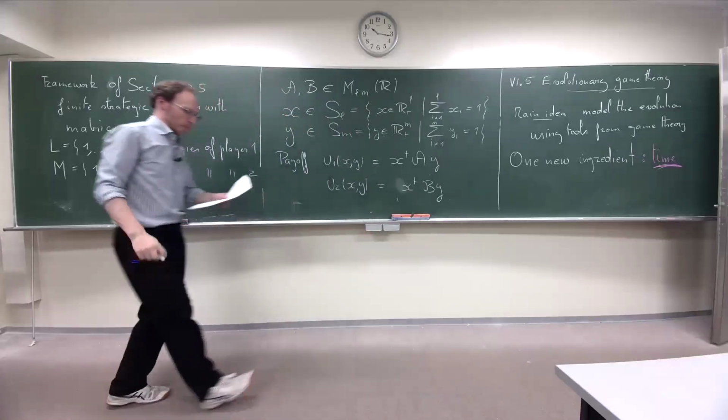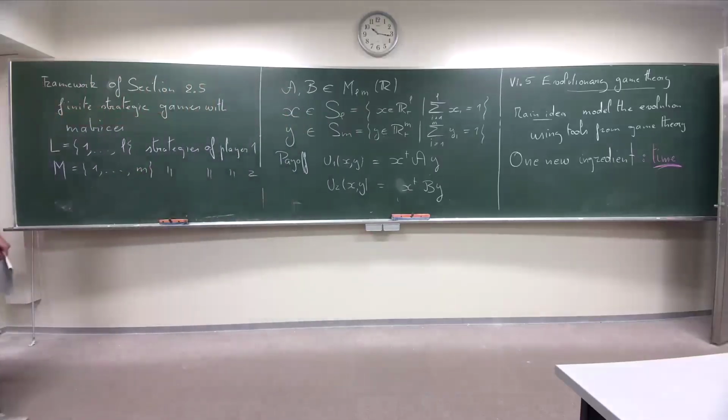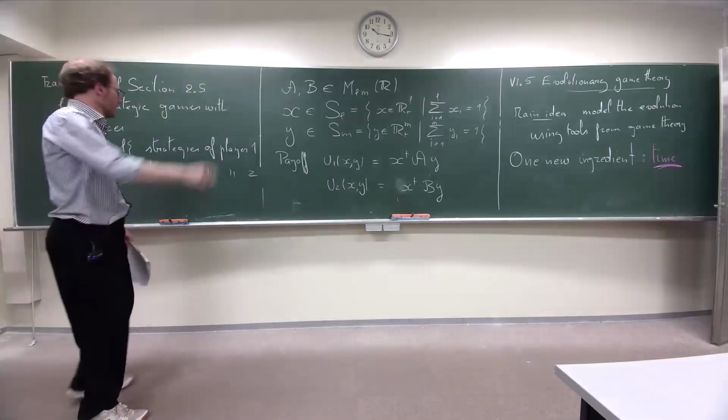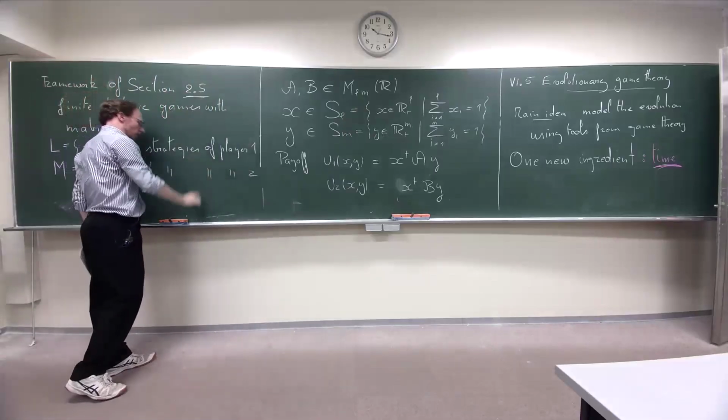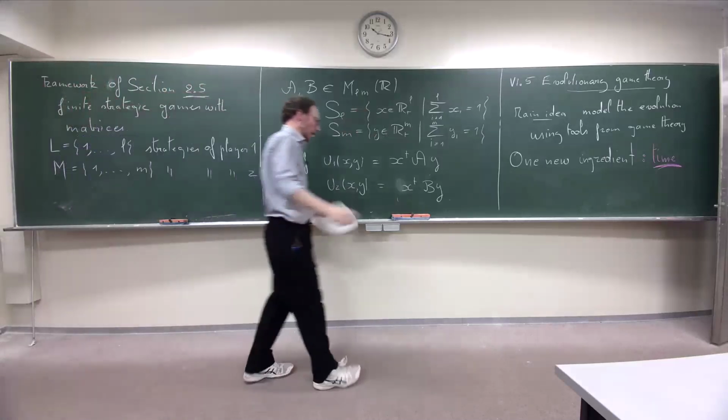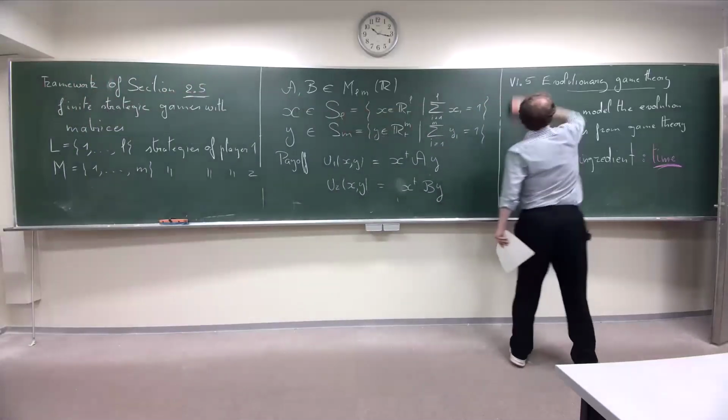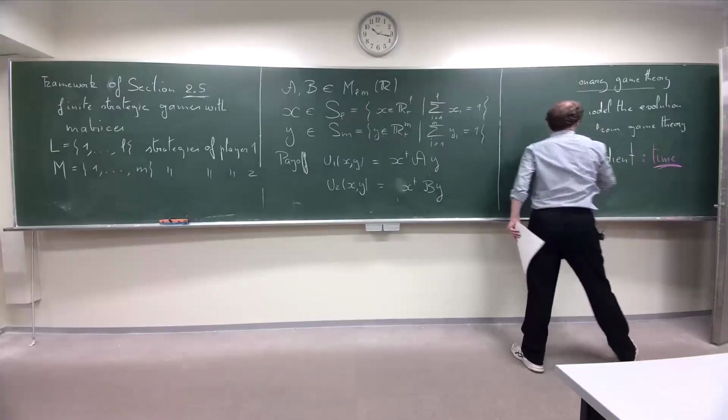X^T is a transpose, so you can check it's a product: a matrix applied to a vector, and you do the scalar product with X. Okay, so this is a reminder of section 2.5 with the notation of section 2.5. I've written a little bit more in the notes, but that's all we need.